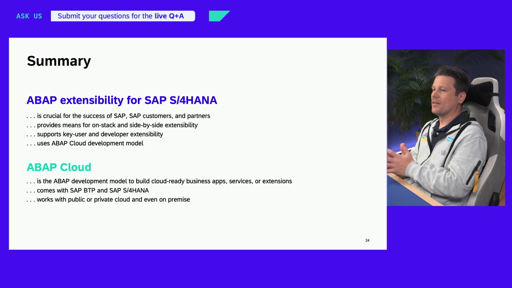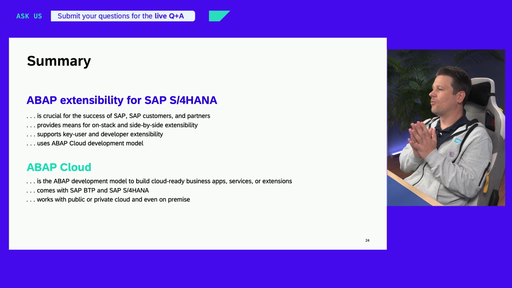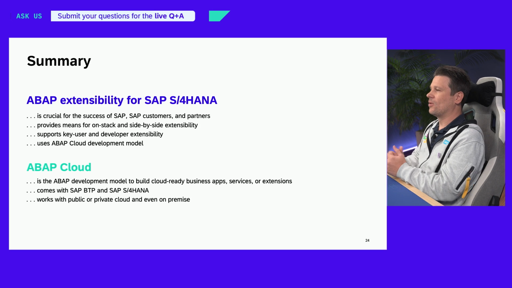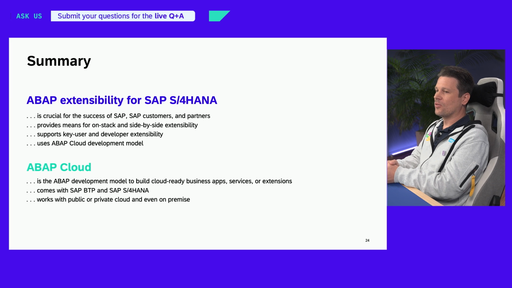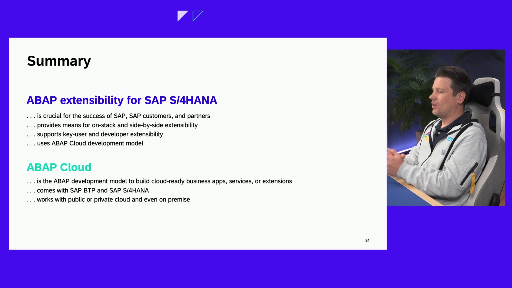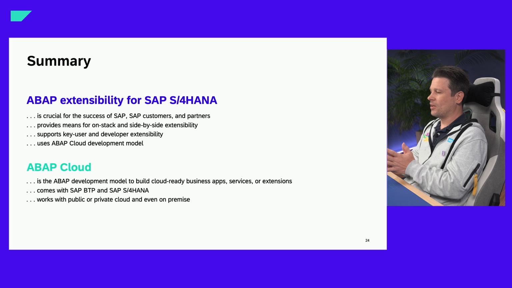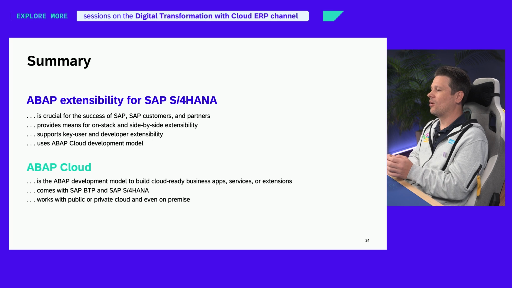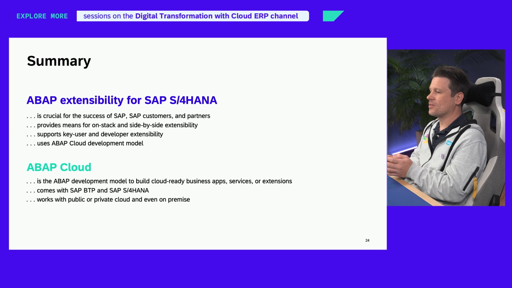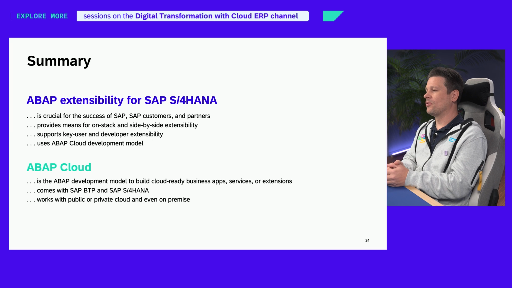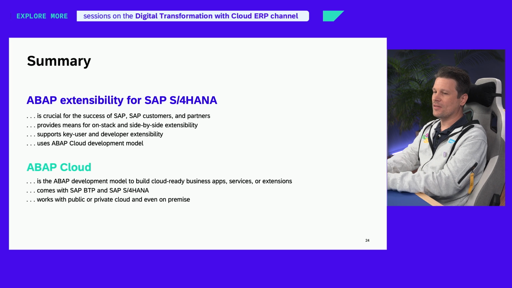We provide you this, as said, on stack and side by side. We support it for key users and also for developers. And of course, we recommend it in all modern editions of S4HANA or ABAP-based products to use the ABAP Cloud development model for your extensions. And as said, in your public cloud, you anyway have no other choice to apply this.